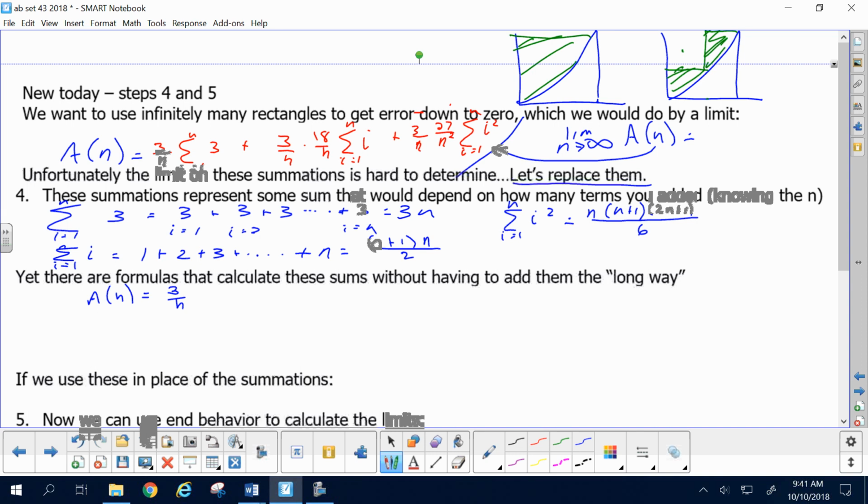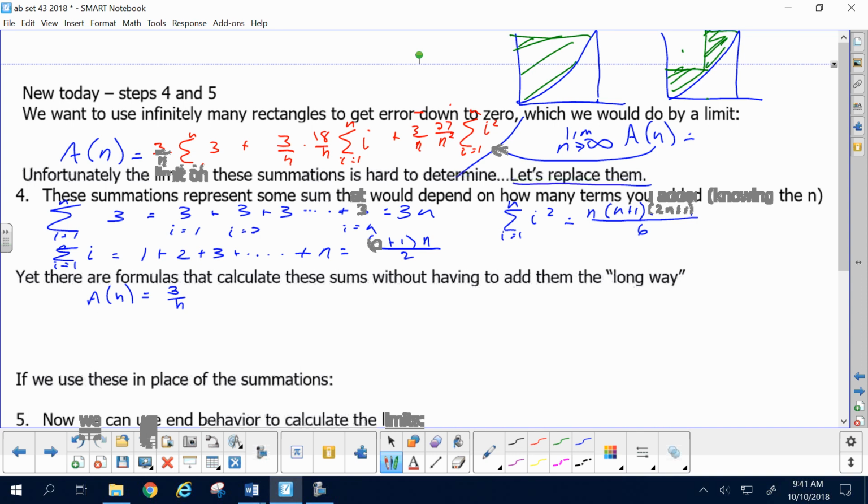As the number of rectangles goes to infinity, because it's going to infinity, that means it's an issue of end behavior. This first term, we could easily just hack away the ends, and as n goes to infinity, that's just always going to be 9, all right?